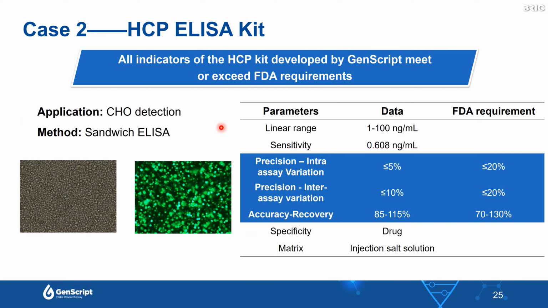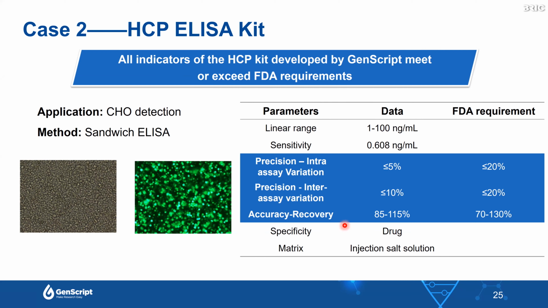With the polyclonal antibody in the sandwich ELISA setup, the linear range is 1 to 100 nanograms per ml, and the sensitivity is 0.608 nanograms per ml. The intra-assay variation is less than 5%, and the inter-assay variation is less than 10%. Recovery is around 85 to 115%. Based on our developed HCP ELISA kits, we are able to meet the FDA requirements.